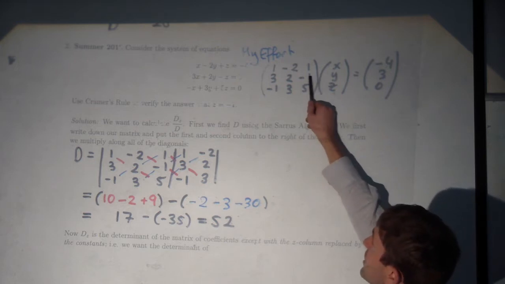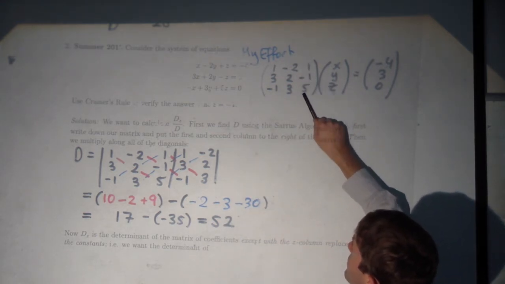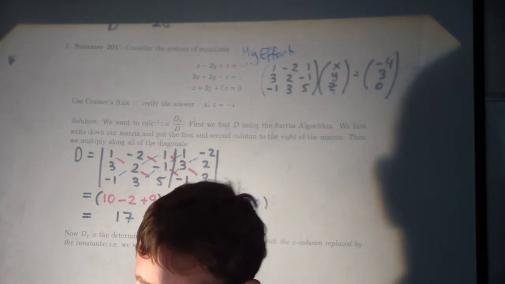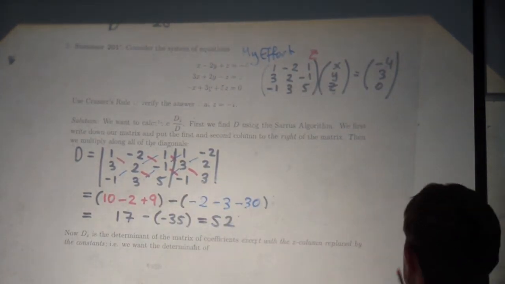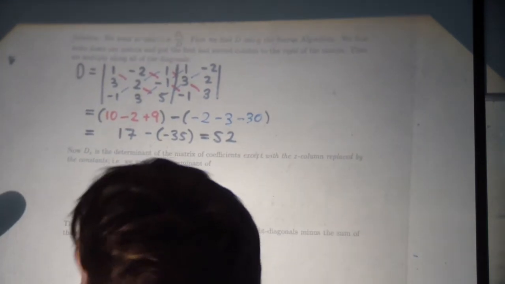Now, the Dz is pretty much the same thing, except the z coefficients, the 1, minus 1, 5, are replaced with the constant coefficients minus 4, 3, 0, again assuming this is 3. So Dz is the determinant of the following matrix.